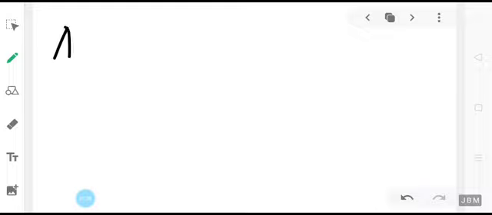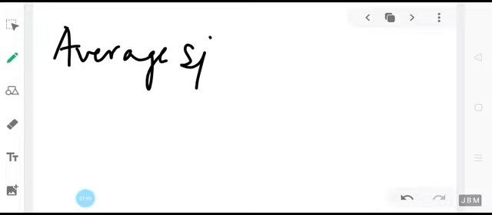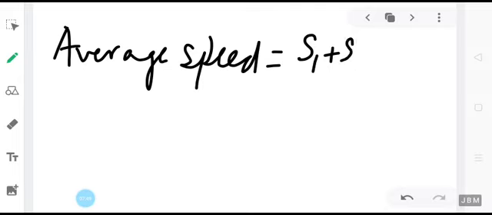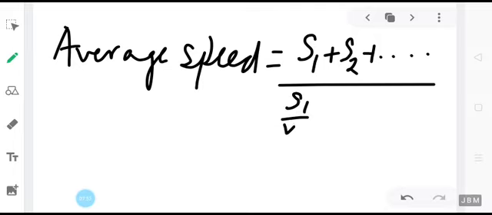So average speed will be given by total distance traveled, that is s1 plus s2 and so on, divided by total time taken, that is s1 by v1 and so on.